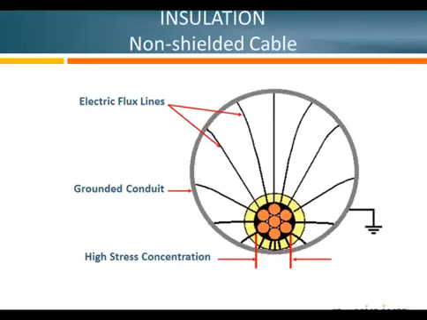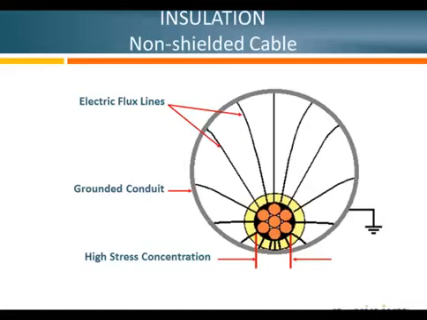Okay. So let's look at what happens if you have a non-shielded cable insulation versus a shielded power cable. So we're talking about the insulation. What happens if you have a non-shielded cable, you pull the insulation into a conduit or lay it up against a building where it is in contact with ground.